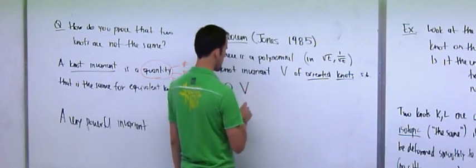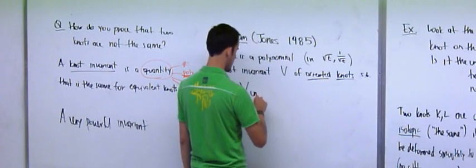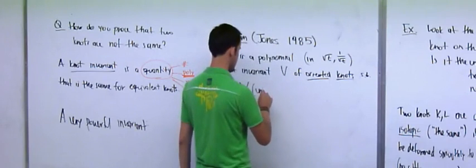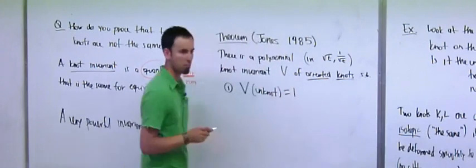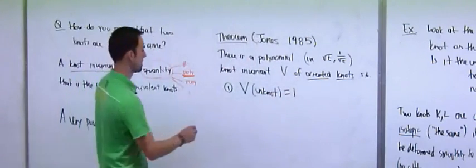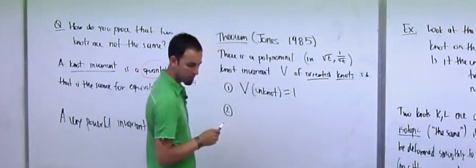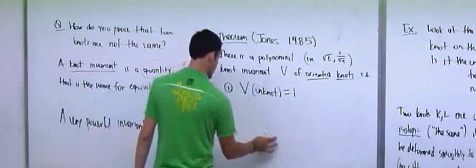The polynomial of the unknot is 1. And the second thing you're supposed to satisfy is this.